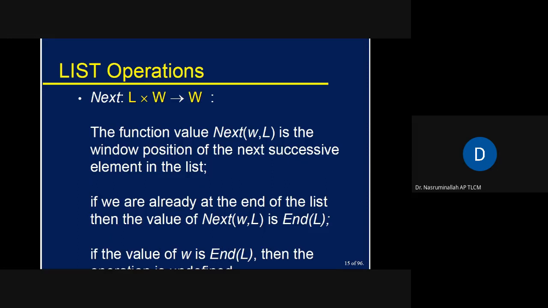However, if you are already at the end of the list, then there is no window location after the end of the list. So if you are at the end, this function will still return the end of the list, because you cannot move from the end of the list to a next location.